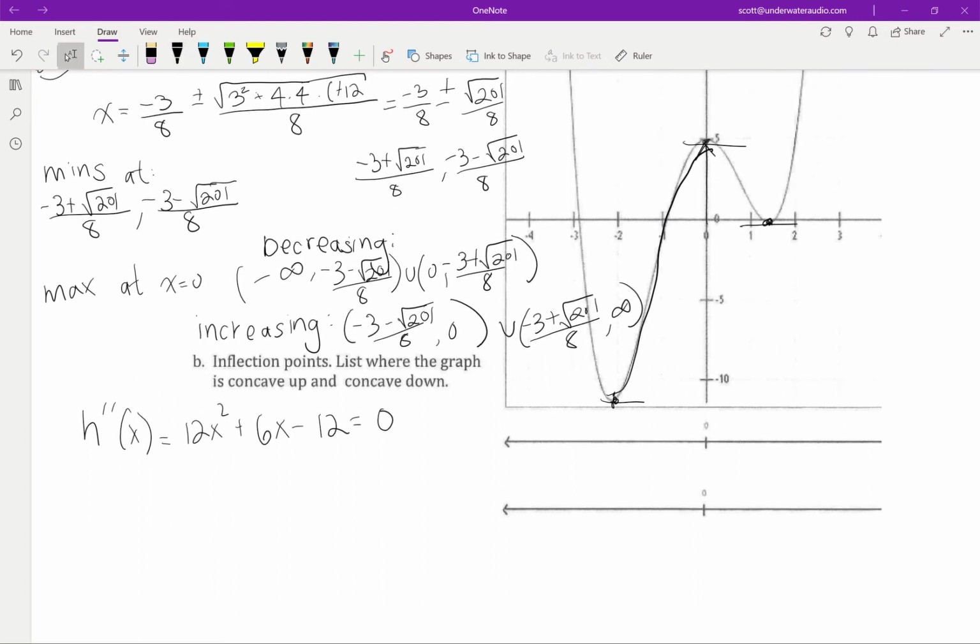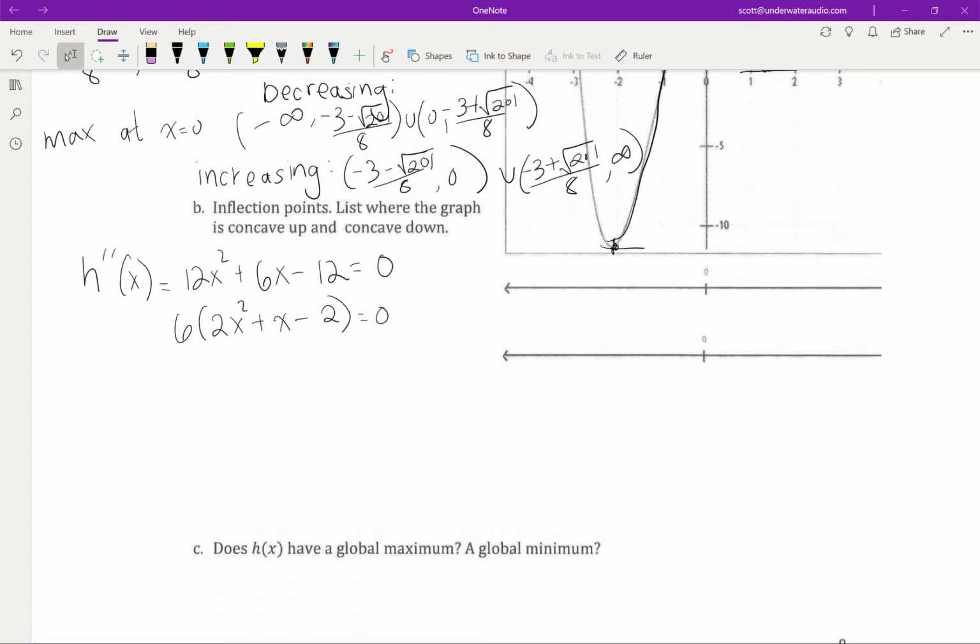Let's see. That one is a bit tricky. I think I'll start by pulling a 6 out. So I have 2x squared plus x minus 2 equals 0. And then we'll do the quadratic formula again.